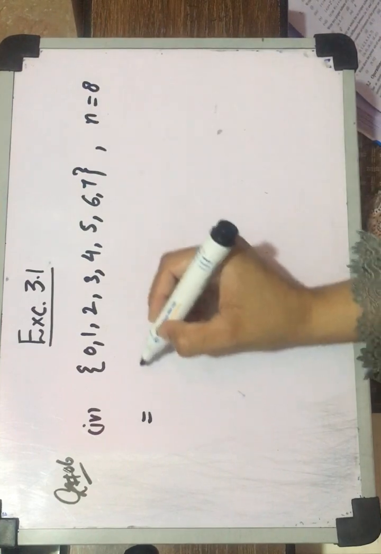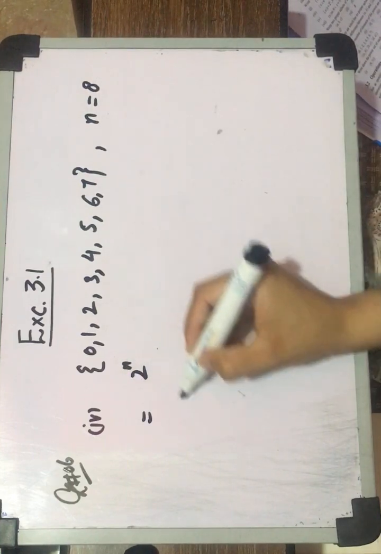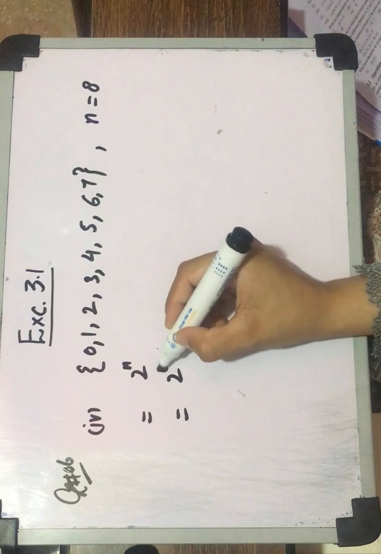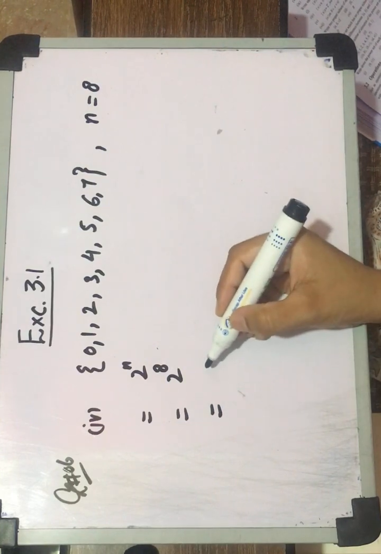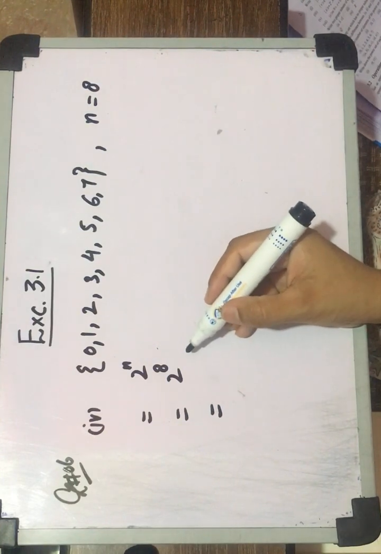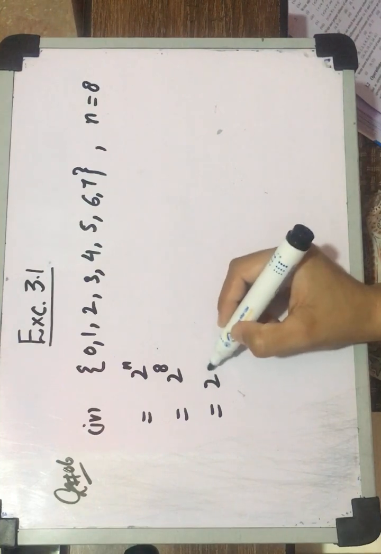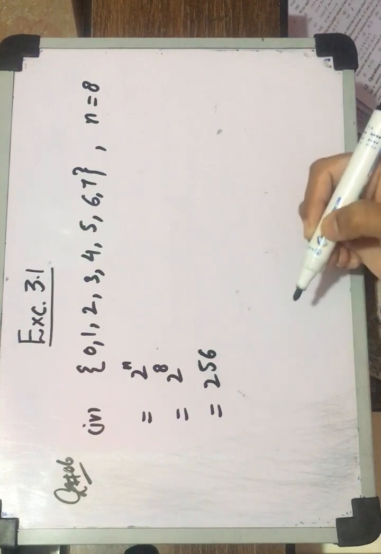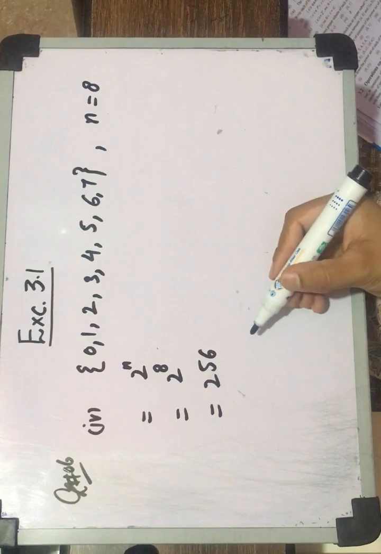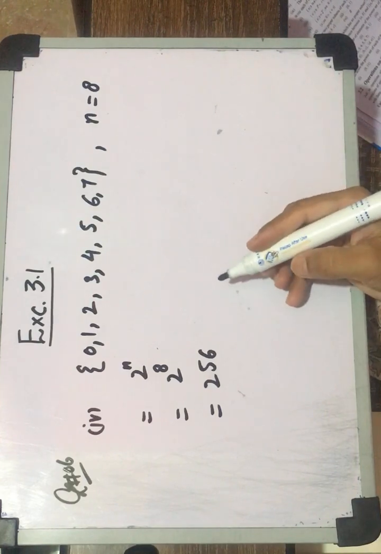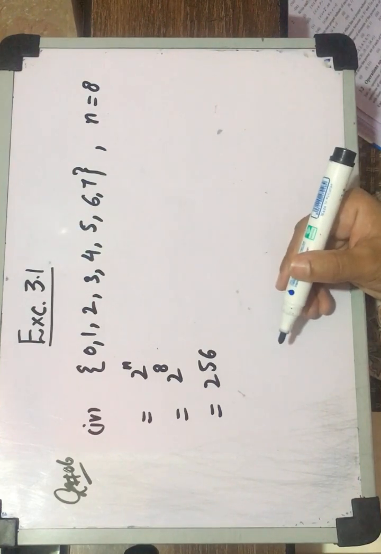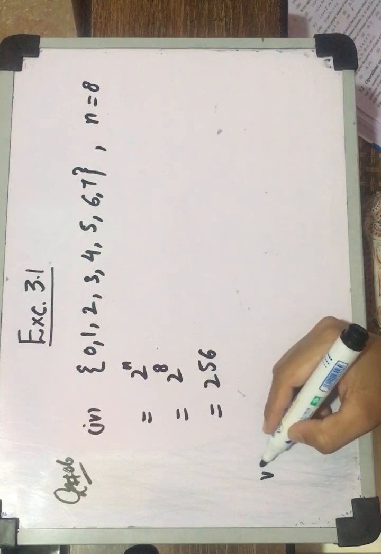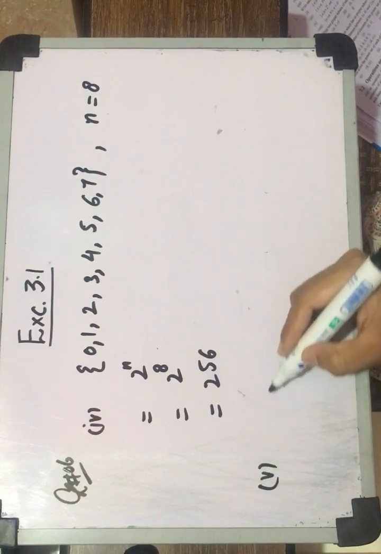Now using this formula we have 2 raised to power 8, which means 256. Okay, now we have {a, b, c}, part number 5.